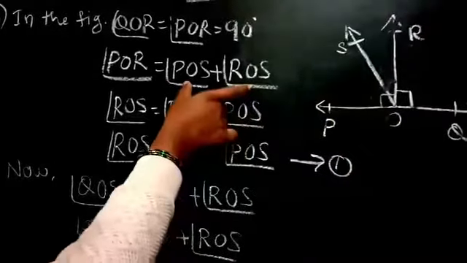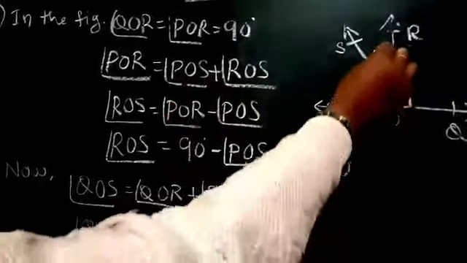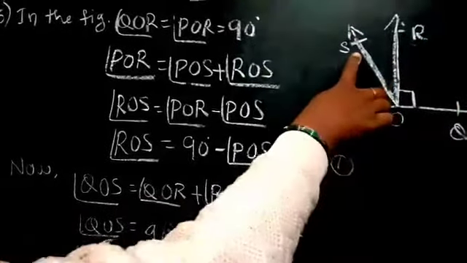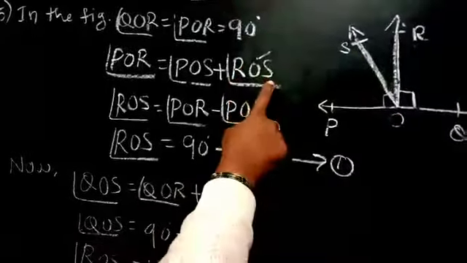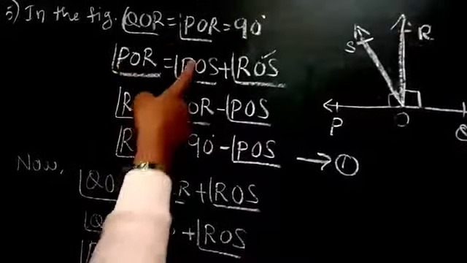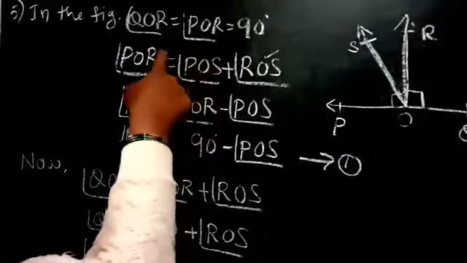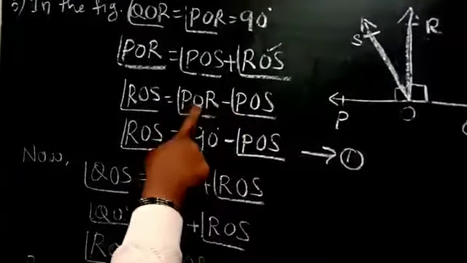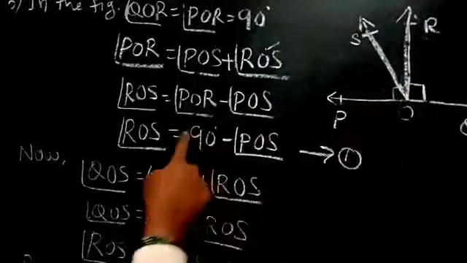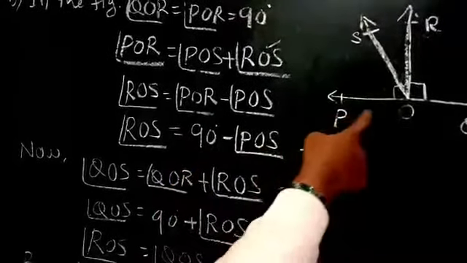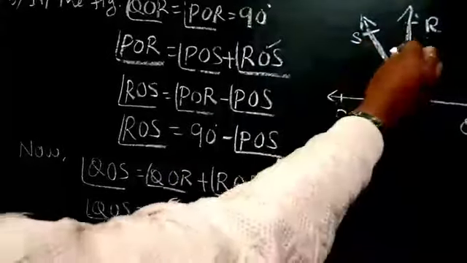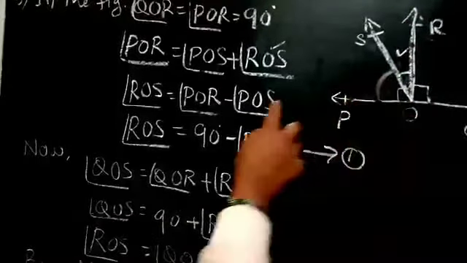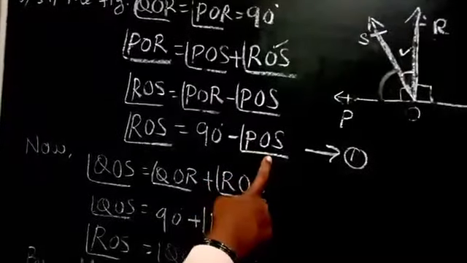So adding both these angles, only I need this angle, that is ROS. If I want ROS, it is POR minus POS. But we know POR is 90 degrees, so 90 minus POS. Only this angle we need, so we have to subtract it from 90. That is the first equation.